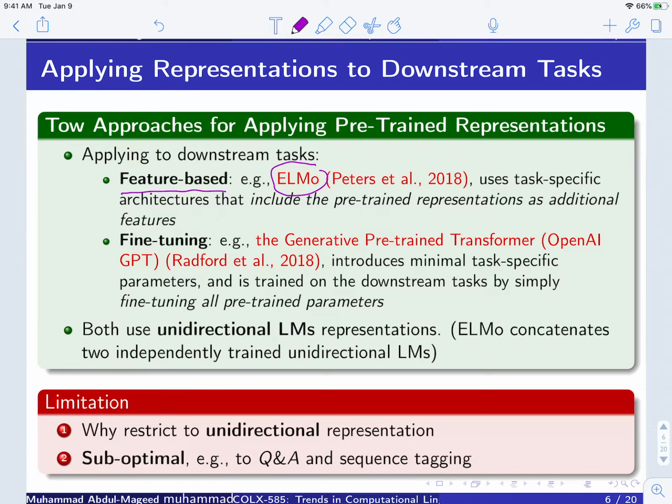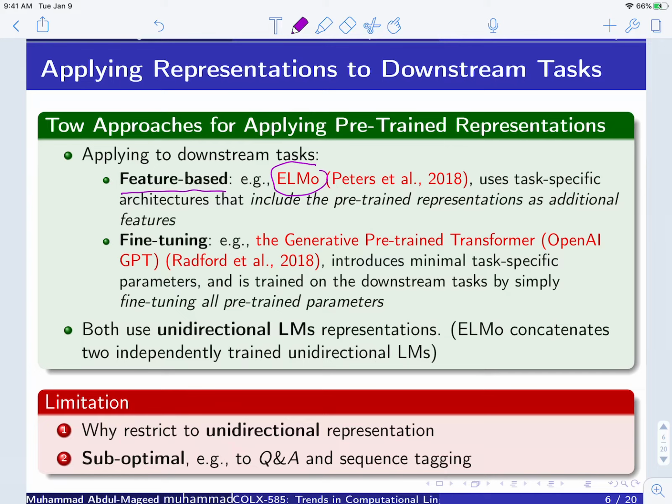By doing that, you are basically trying to enhance the task-specific representation with the ELMo representation, and that should give you a better overall sequence tagging system. So they call this process a feature-based approach to applying a representation onto a downstream task.